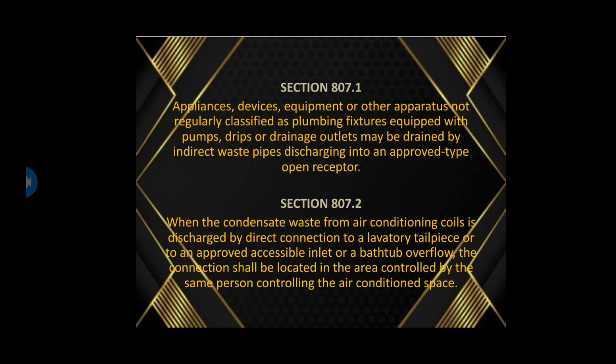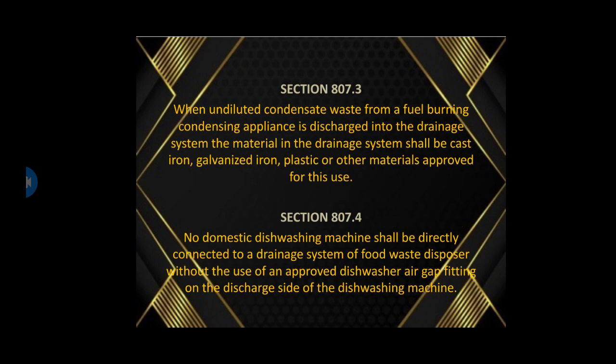Section 807.2. When the condensate waste from air conditioning coils is discharged by direct connection to a lavatory tailpiece or to an approved accessible inlet or a bathtub overflow, the connection shall be located in an area controlled by the same person controlling the air conditioned space. Section 807.3.